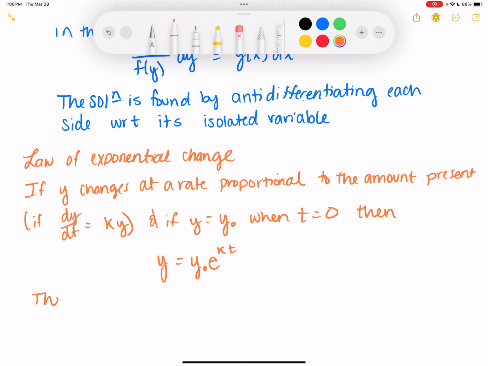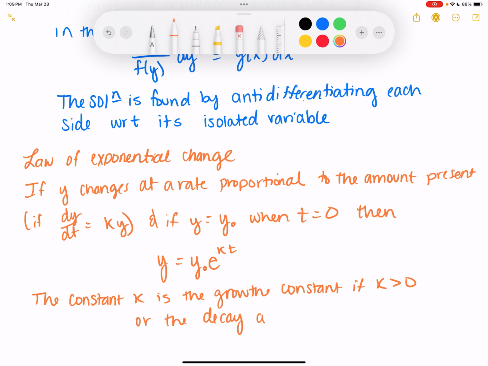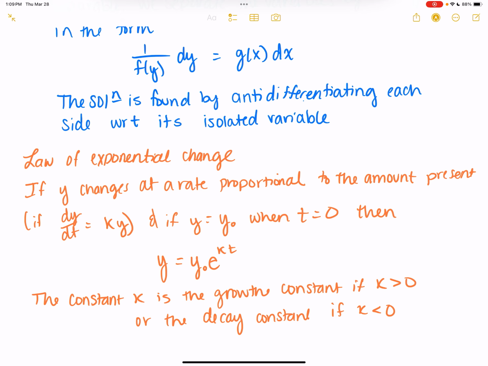So the constant k is the growth constant if k is greater than 0, or the decay constant if k is less than 0.